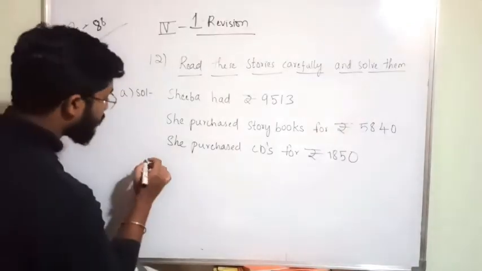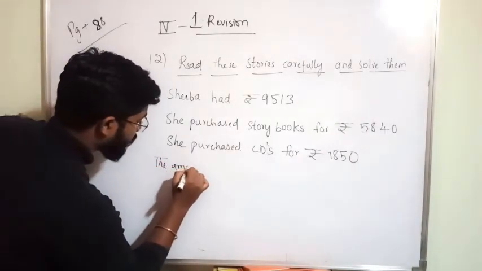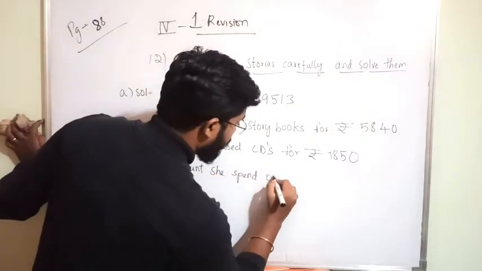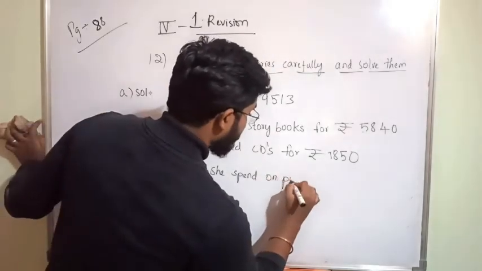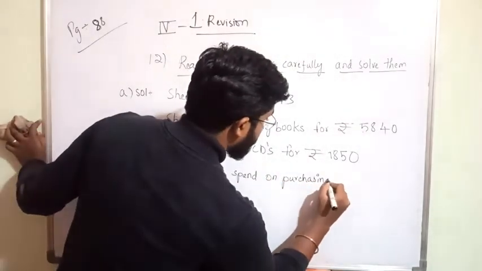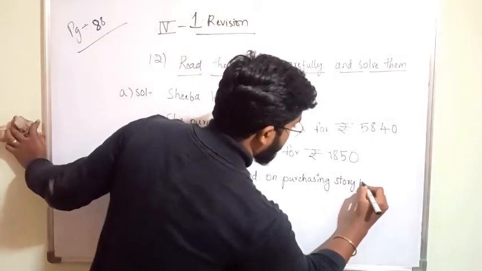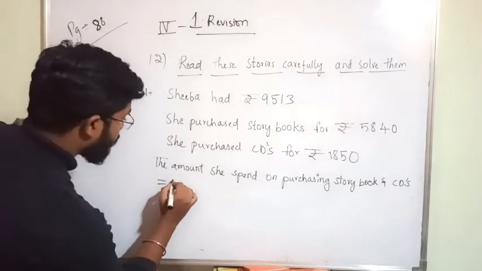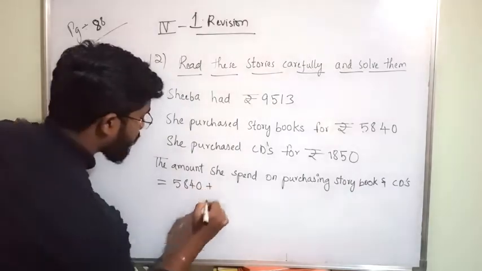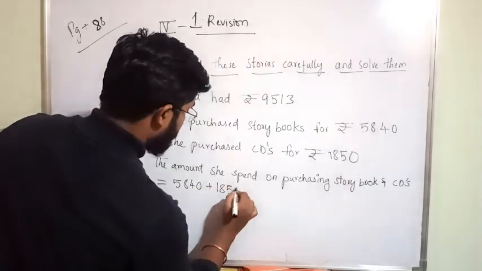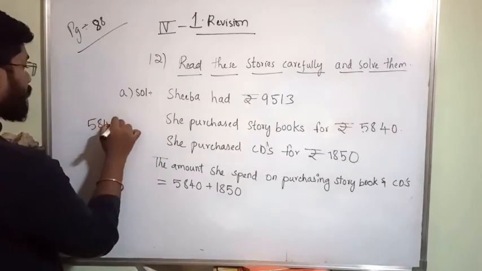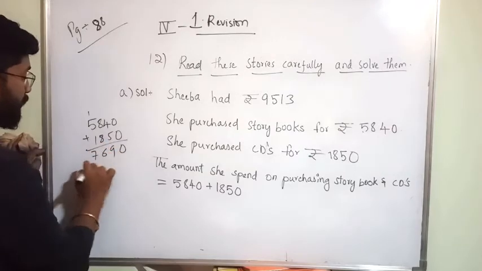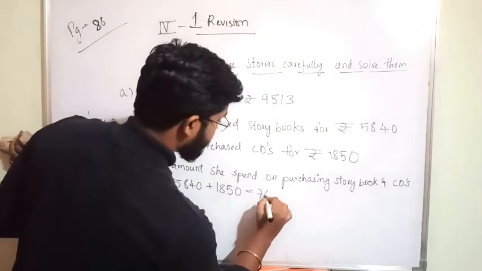So you have to write the amount she spent on purchasing storybooks and CDs equal to how much? 5840 plus 1850. 0, 9, 16, 7. 7690.